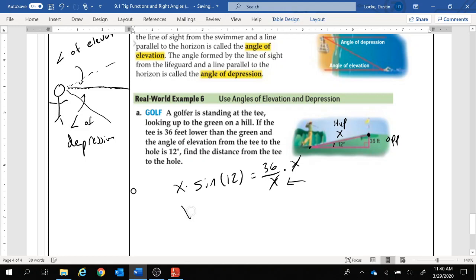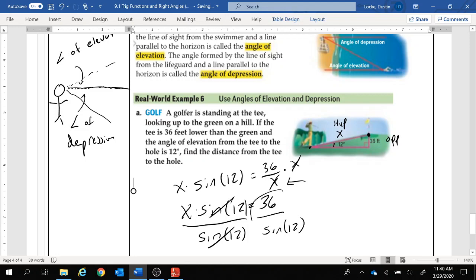Now we have x times sine of 12 equals 36. And what was our last step now to solve for x? If you're multiplying by a sine or any kind of trig ratio, that's going to be divide sine of 12 to each side. All right, so that cancels out.